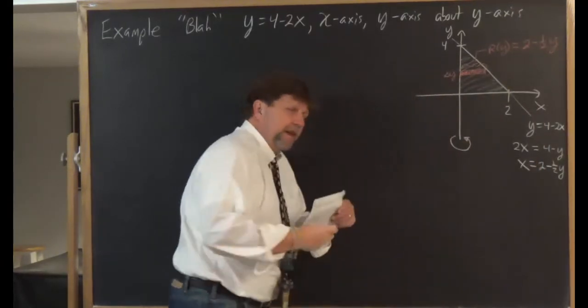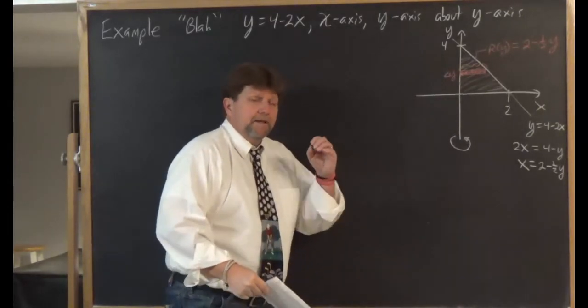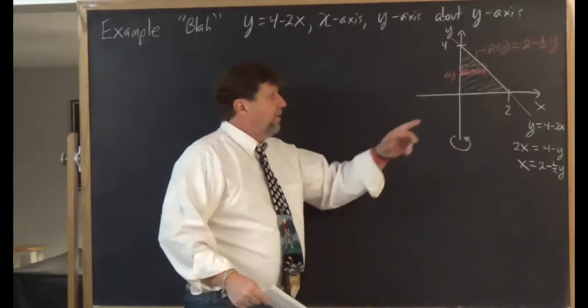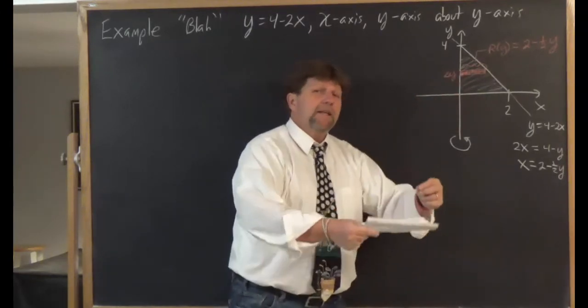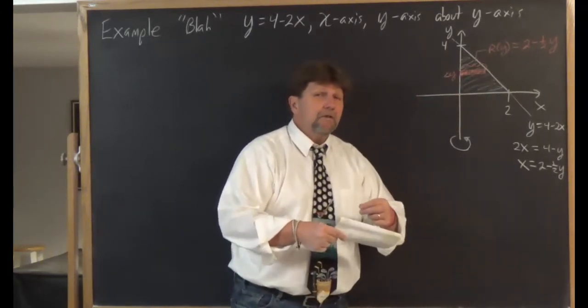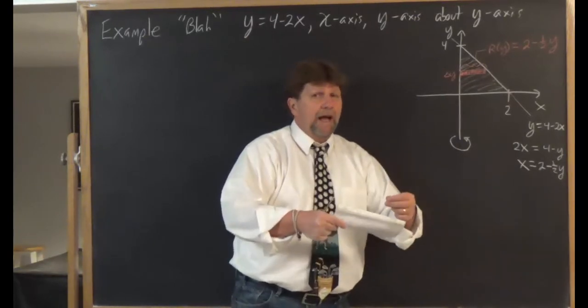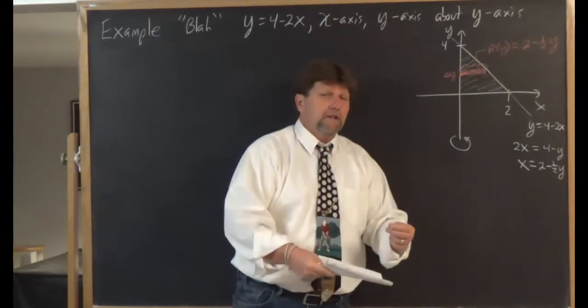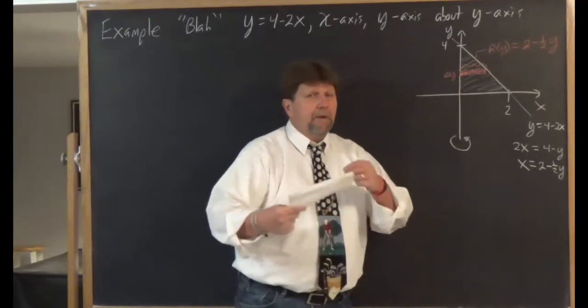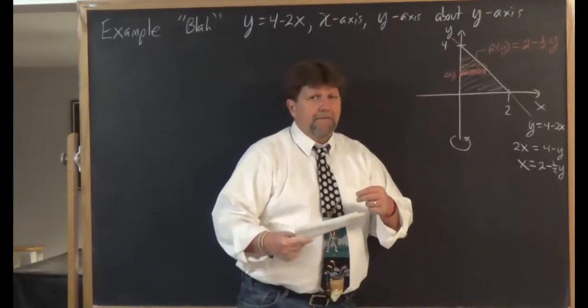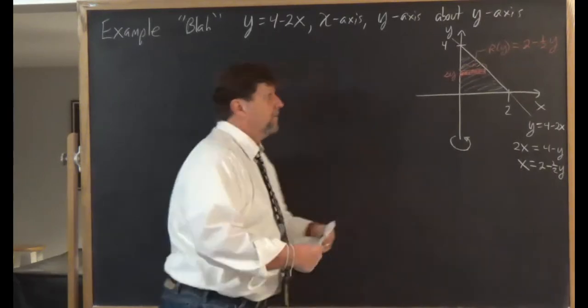So r of y, this line as a function of y, is 2 minus 1/2 y. I have to do that because it's a horizontal representative rectangle. The base is delta y, which means my integral is going to have a dy. I have to integrate with respect to y, so I need my integrand to be a function of y.